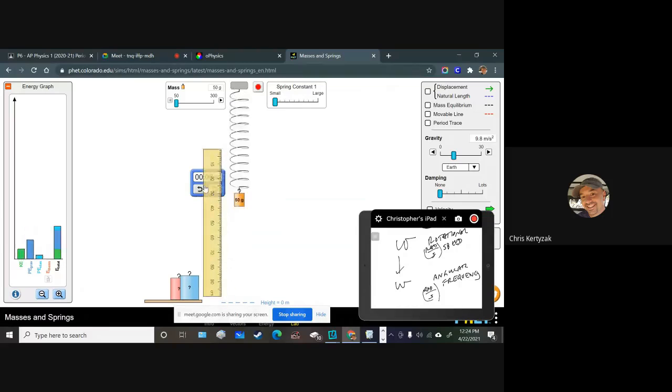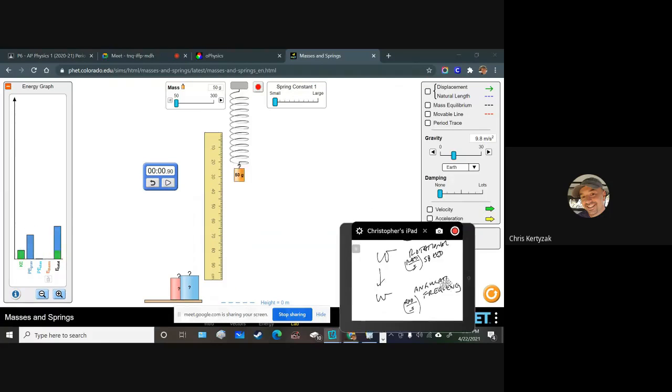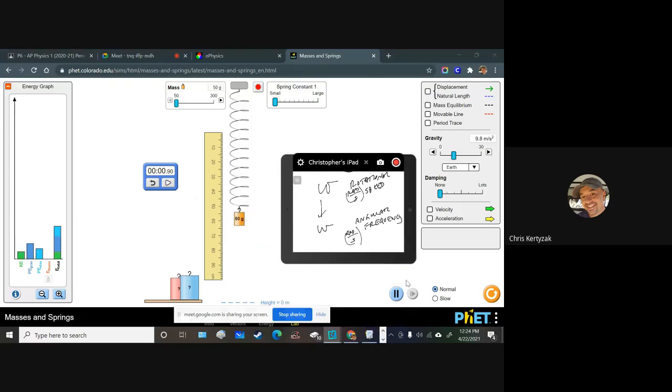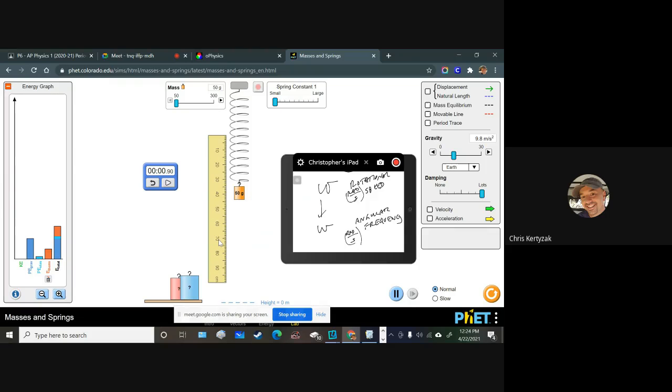So usually what we do is, I don't like that they only give this particular ruler. It goes from 0 to 100, like a meter stick. Because typically what we do is, in this equilibrium position, we call this the 0 meter mark. And then I would like this to be a ruler that goes 0, plus 10 centimeters, plus 20 centimeters, plus 30 centimeters.